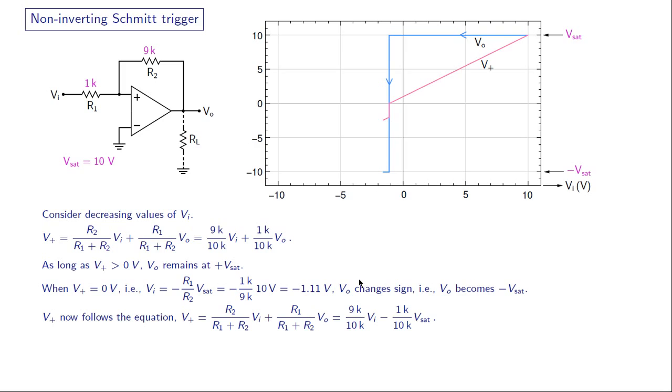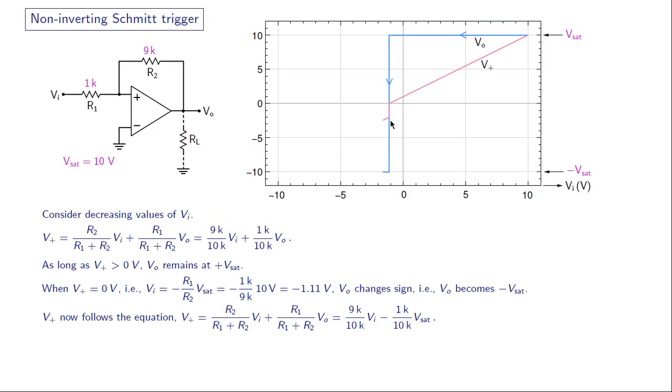Alright, so now what happens as we continue to decrease Vi further in that direction? V plus is proportional to Vi. So as Vi is decreased, V plus will also decrease, and at this point V plus is already negative.